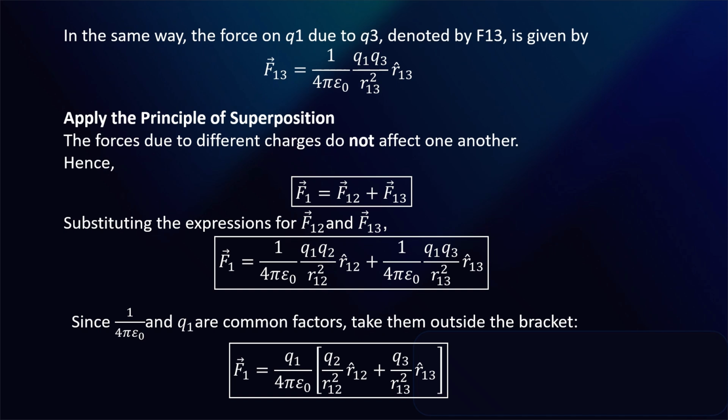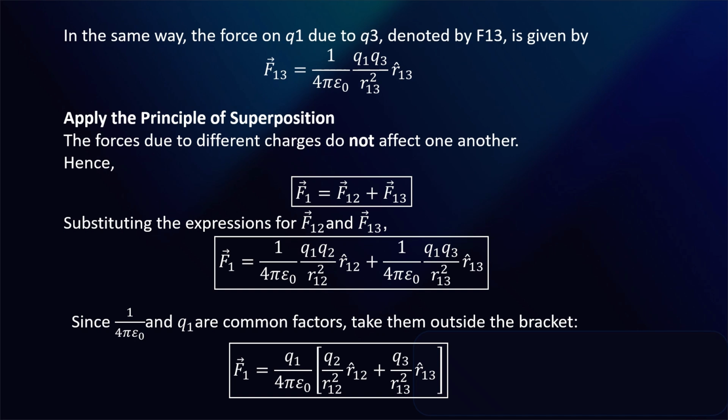Now, by substituting the expressions of F12 vector and F13 vector in the above equation, F1 vector is equal to 1 divided by 4 pi epsilon naught into Q1 into Q2 divided by R12 square into R12 cap plus 1 divided by 4 pi epsilon naught Q1 into Q3 divided by R13 square into R13 cap.